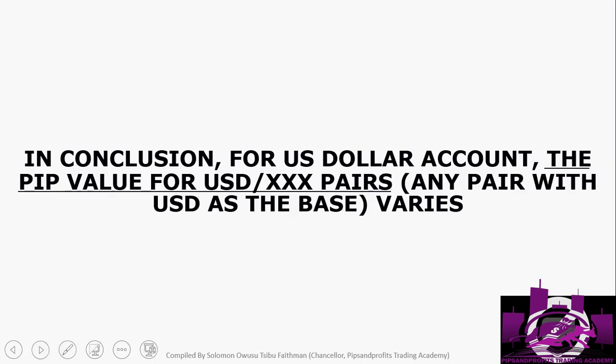So in conclusion, for a US dollar account, the pip value for pairs with indirect rates varies. Please, if anybody tells you that the pip value for all Forex pairs is 0.0001, the person is lying to you.